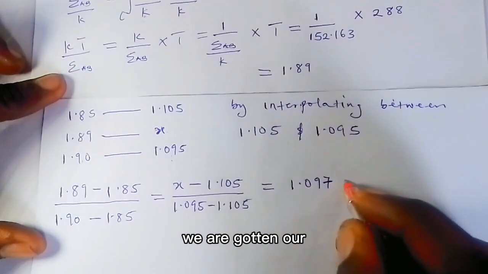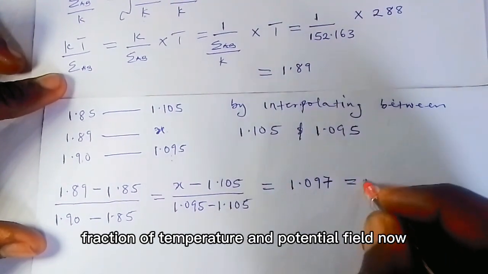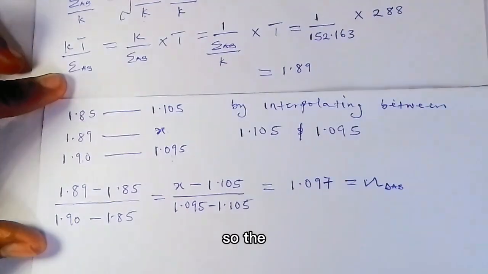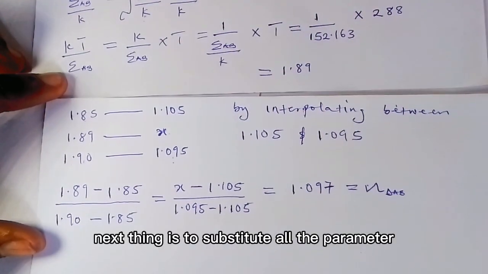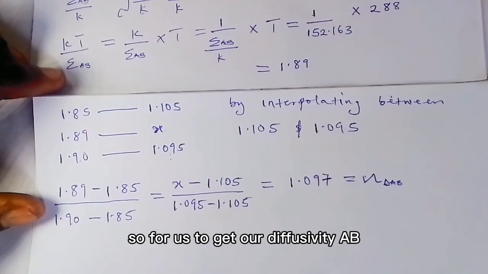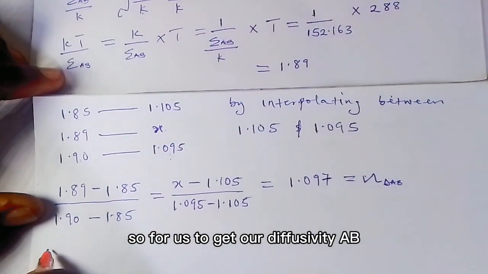We have gotten our function of temperature and potential field now. So the next thing is to substitute all the parameters into the Chapman-Enskog formula for us to get our diffusivity AB.